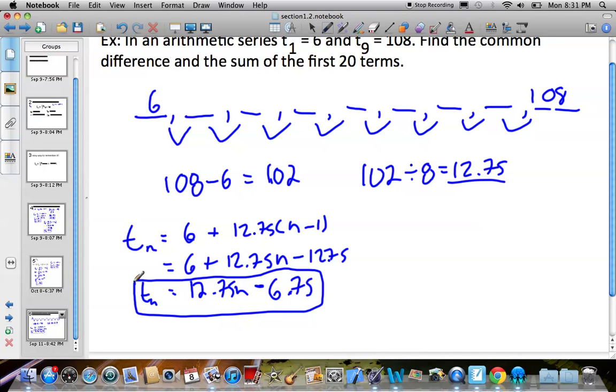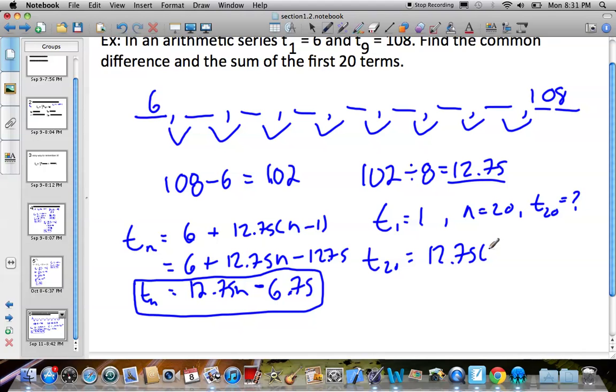Now, using that, I can find my last term. I have my first term T1, I have the number of terms, which is 20. I just need my T20 to be able to find my sum. So T20 is just going to be 12.75 times 20 minus 6.75.